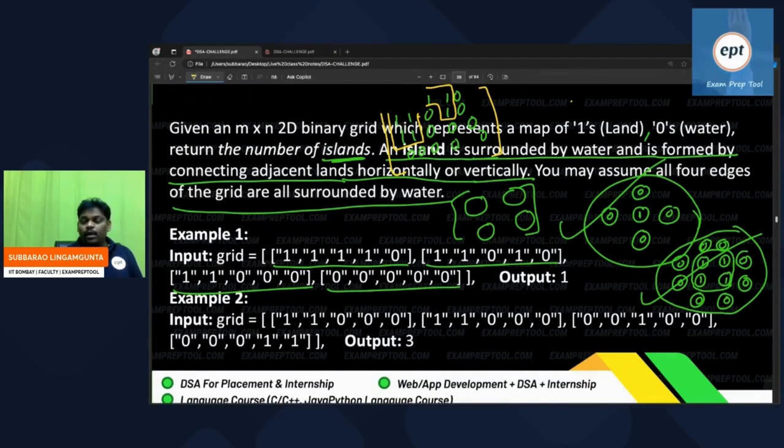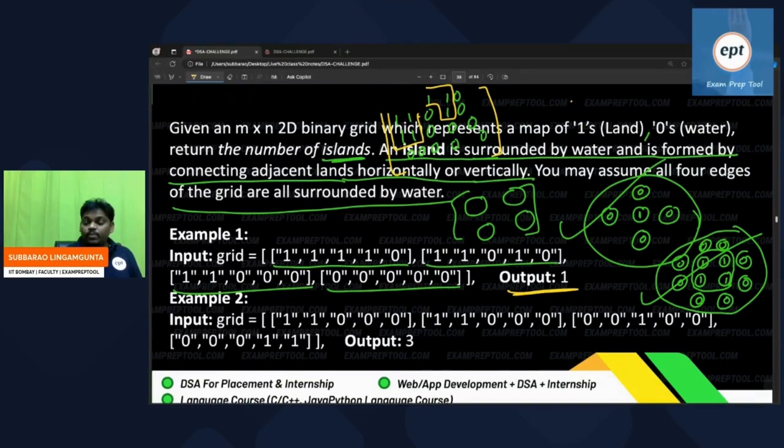And one more thing, all the lands are there, side by side. One means land. And for the lands, left side, right side, top, bottom, everything, you see only zeros. So this total is one island. The output is 1. If you want, you can verify.